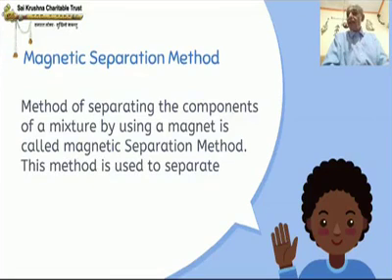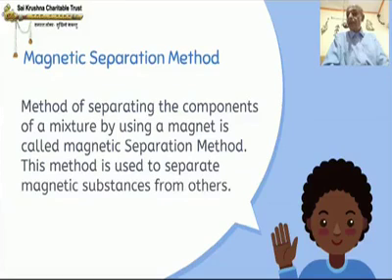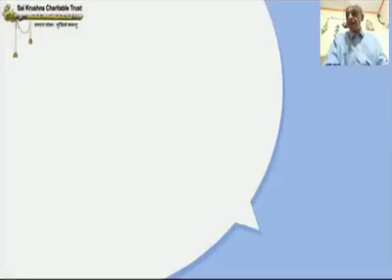So, this method is used to separate magnetic substances from others.